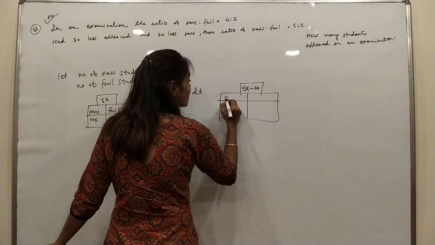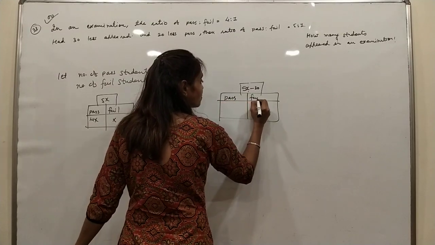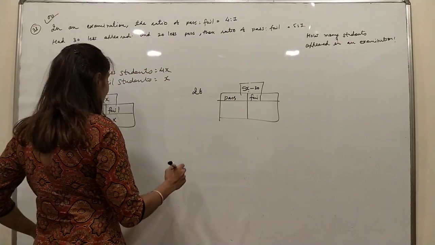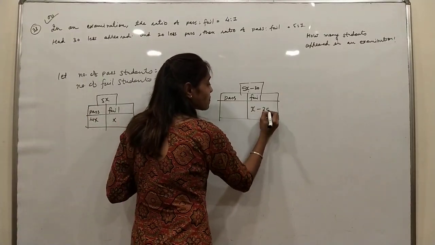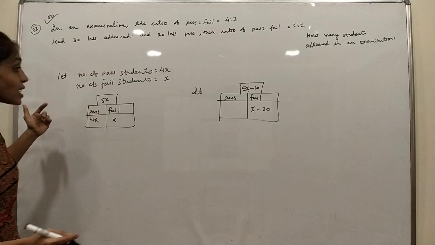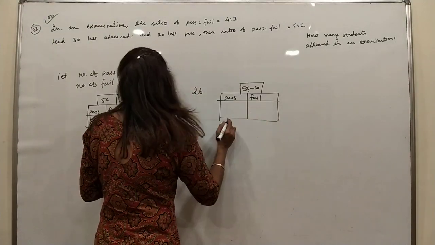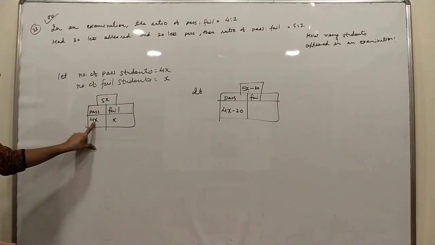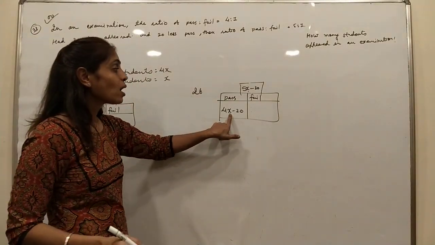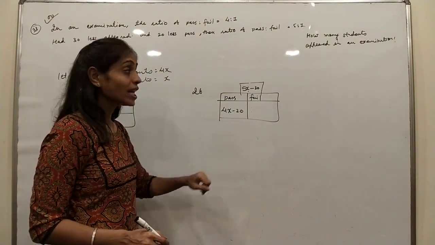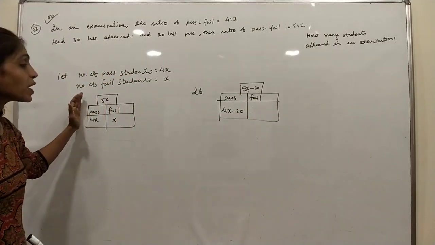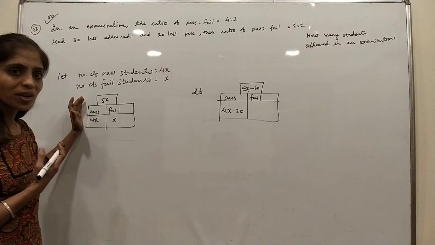Now pass and fail. Had 30 less appeared and 20 less pass. So 20 less pass. Initially 4x pass, but now 4x minus 20. 30 less appeared and 20 less pass as compared to the initial situation.